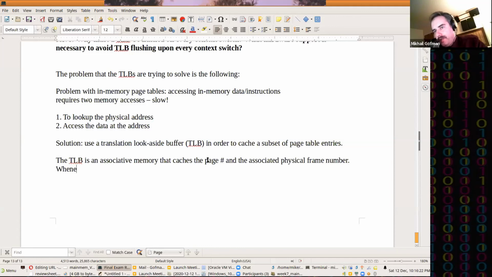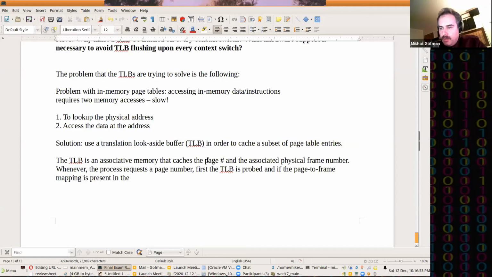Okay, whenever the process requests a page number, first the TLB is probed, and if the page to frame mapping is present in the TLB, we get the physical frame number from the TLB. This is known as the TLB hit.